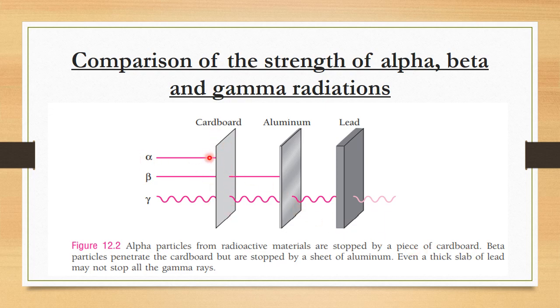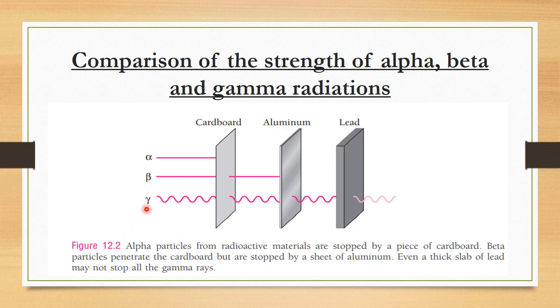So an alpha particle cannot penetrate the cardboard. The beta particle penetrates the cardboard but is stopped by a sheet of aluminum.